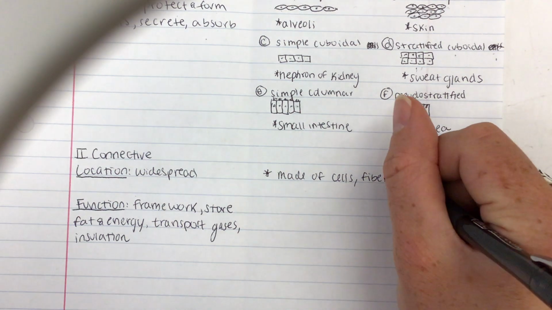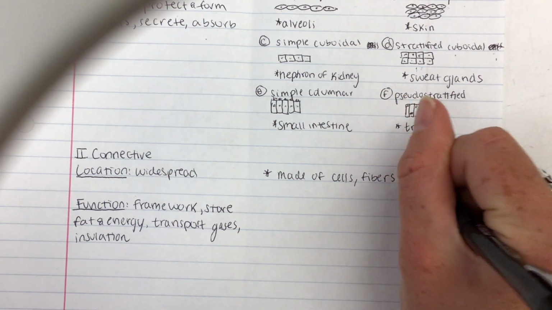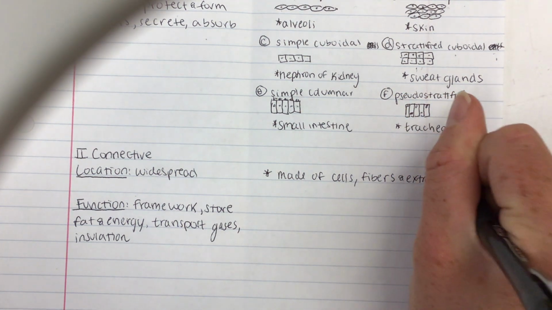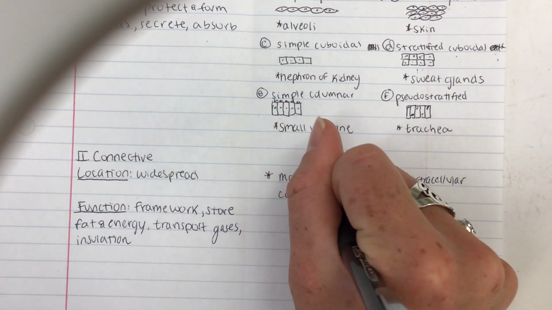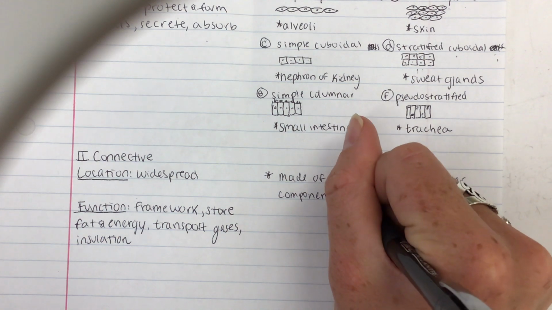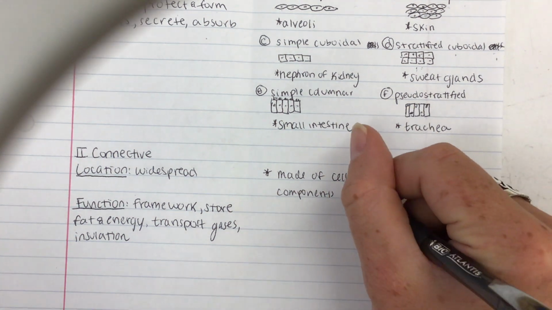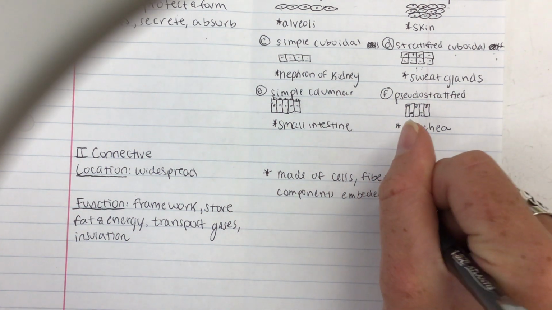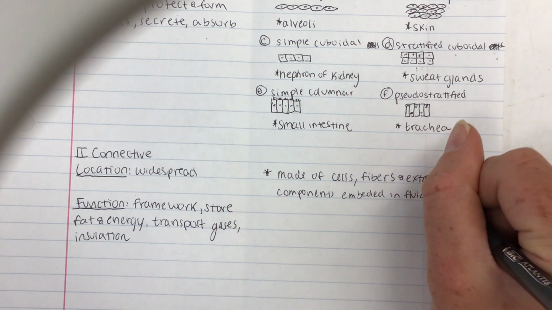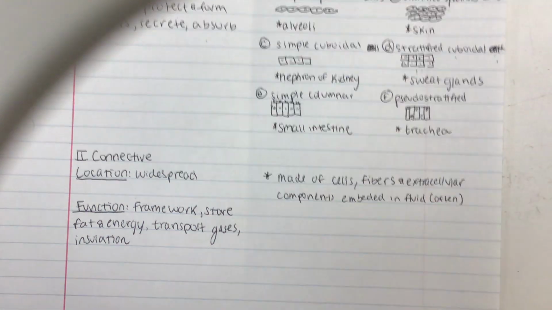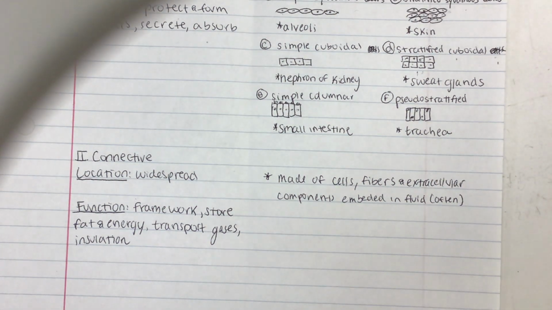Fibers and extracellular components, embedded in fluid, often. So we'll leave that word often, okay? So I'll give you an example of what I mean by extracellular components in just a minute.